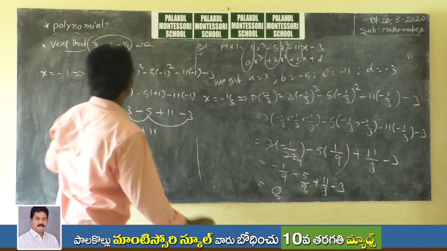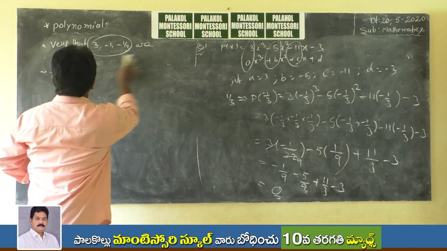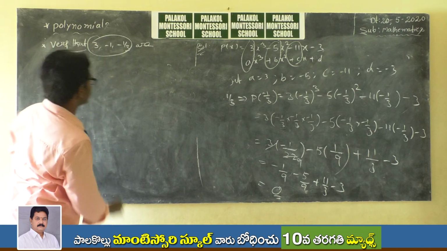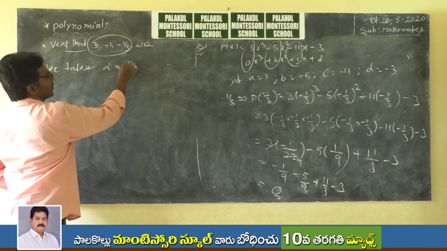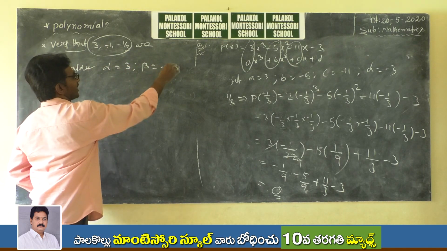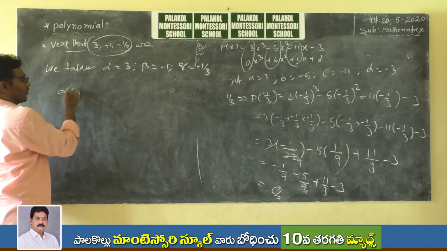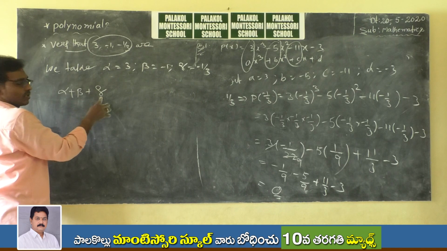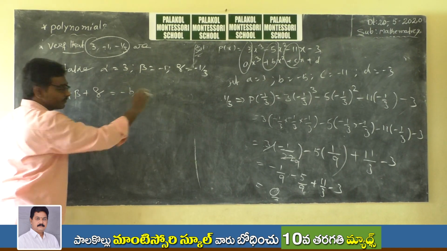You find out the relation between the coefficients and the zeros. Suppose you take alpha is equal to 3, beta is equal to minus 1, gamma is equal to minus 1 by 3. You know the formula: sum of the zeros, alpha plus beta plus gamma, is equal to minus b by a.